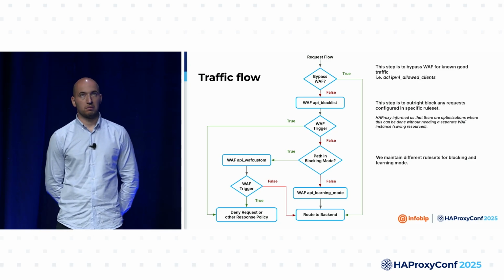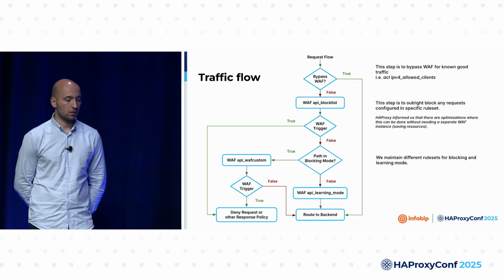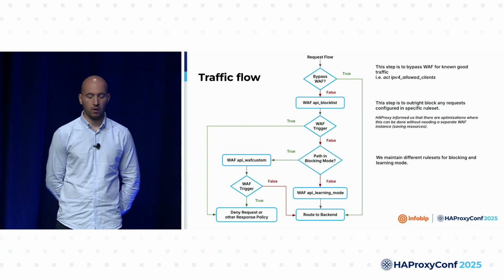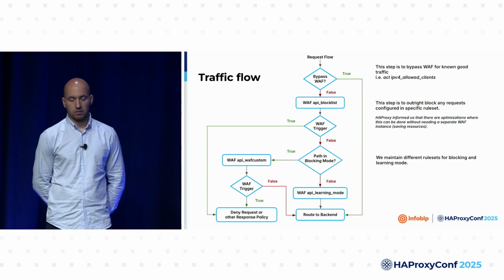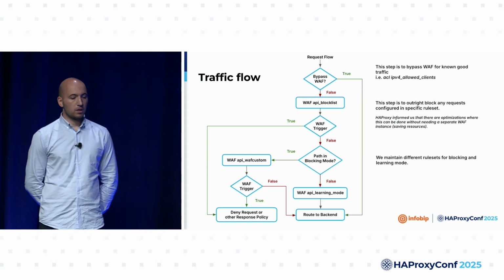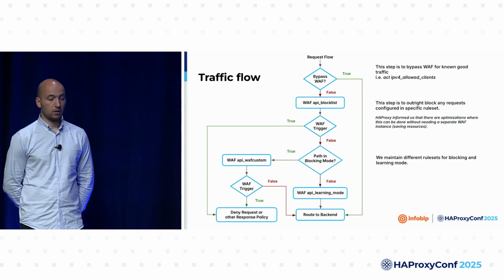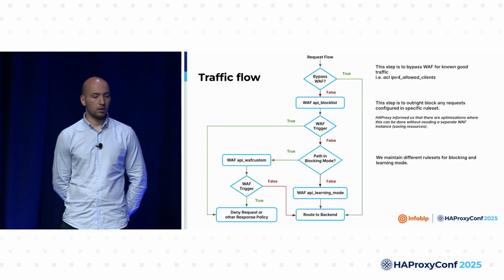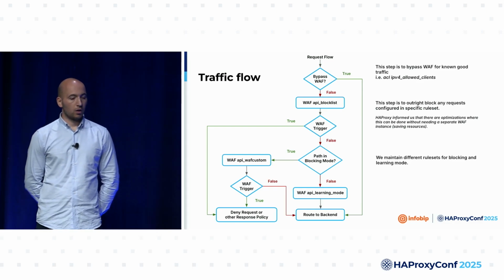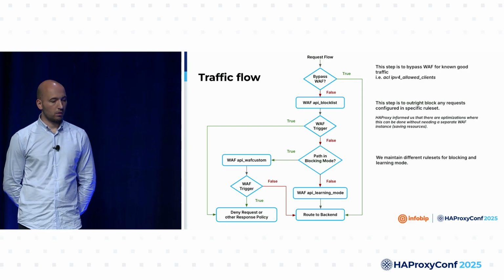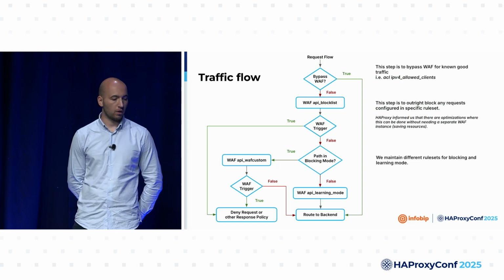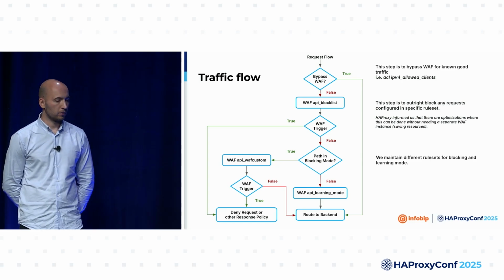So in some cases, for example, when we are conducting some pen test, you can bypass it. Traffic that is not blocked on the API block list will go down further, and it will end up on the intelligent WAF.